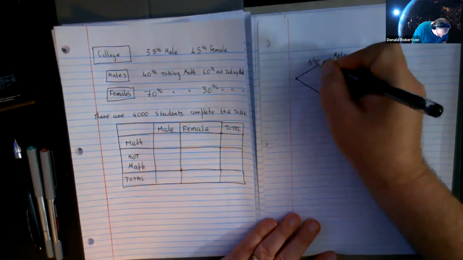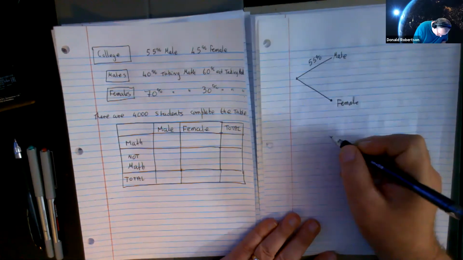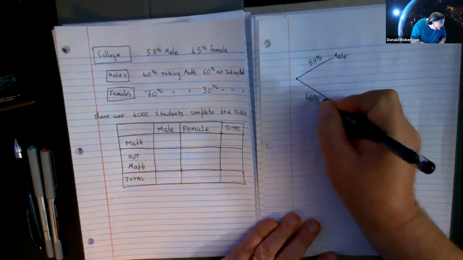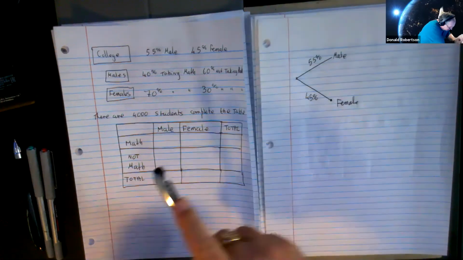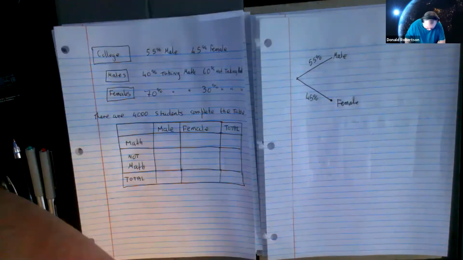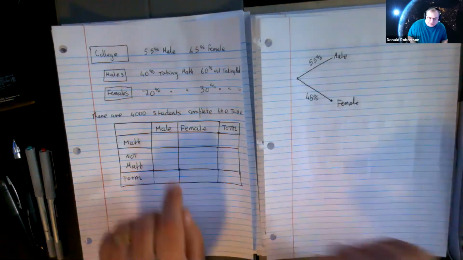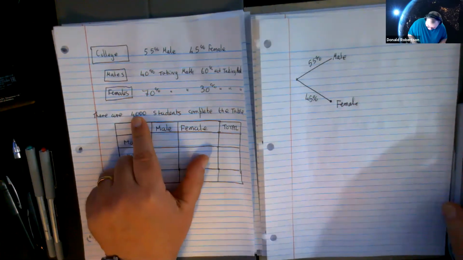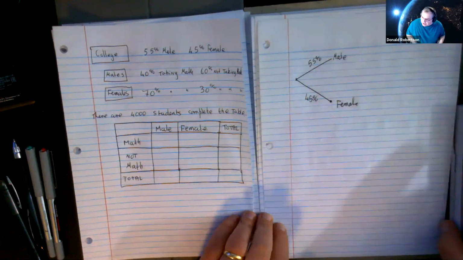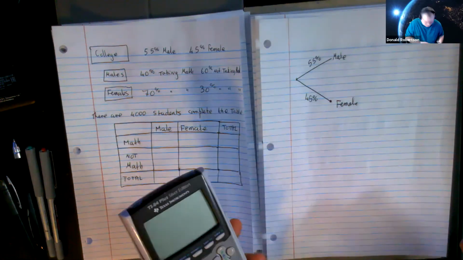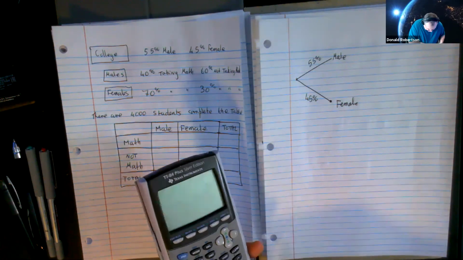In this case, 55% are male and 45% are female. And what I'm now going to do is calculate how many people that really is. Now, if there's 4,000 students and 55% are male, would you agree it's pretty easy to find out how many males that represents?